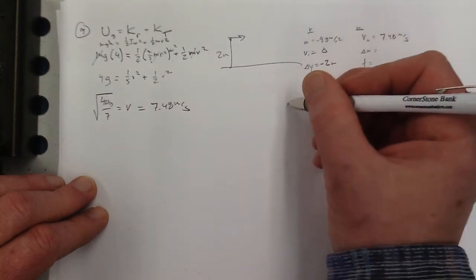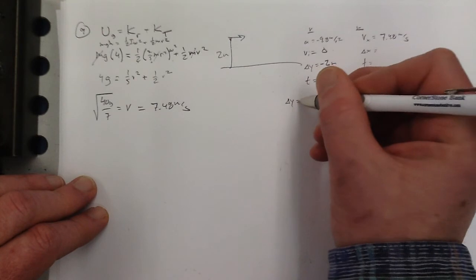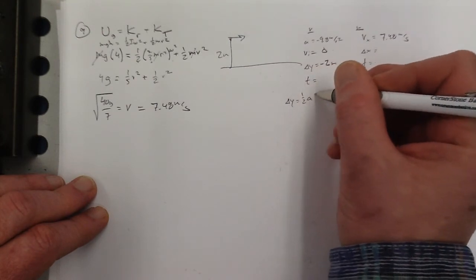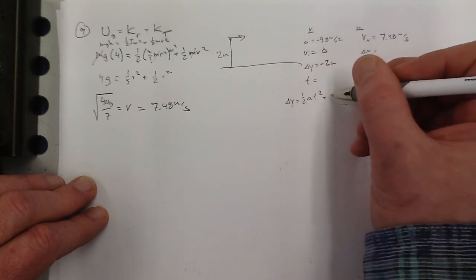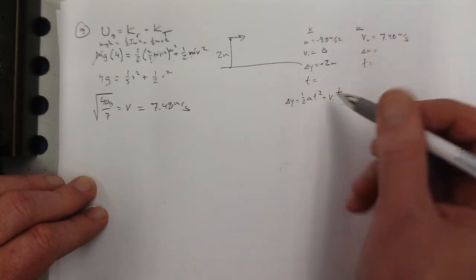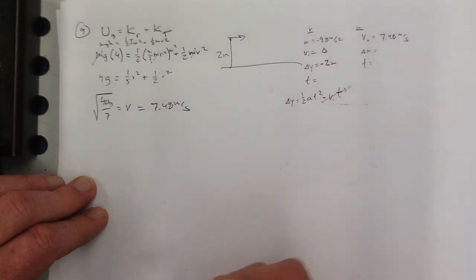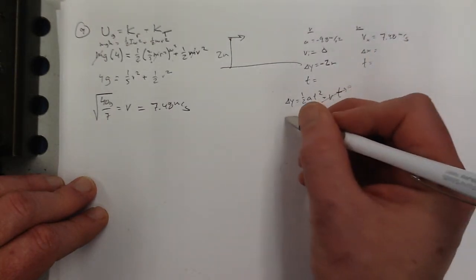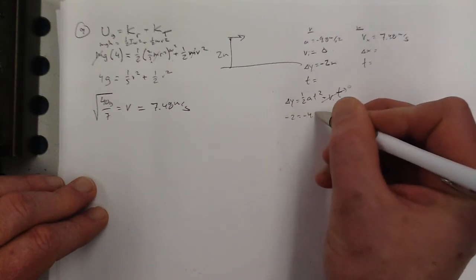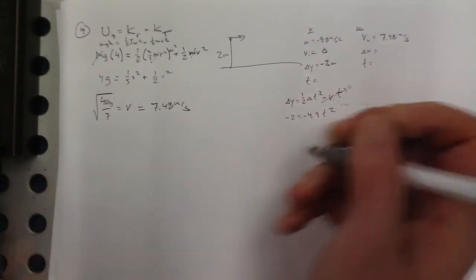Okay, so same equation. Delta y equals 1/2 at squared plus v_i t. This term's gone now. That's 0. So delta y equals negative 4.9 t squared.